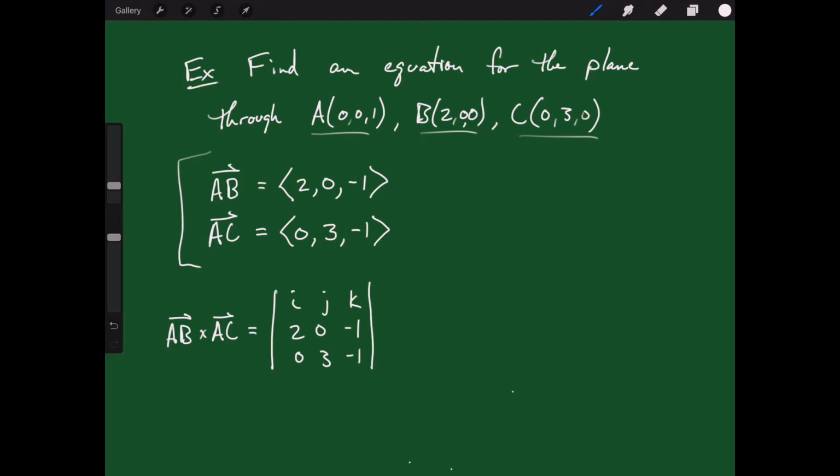And now I can use the horseshoe method to figure this out. I get i times 0 times minus 1 is 0. Then I get j times minus 1 times 0 is 0. And then I get 2 times 3 times k, which is 6k.